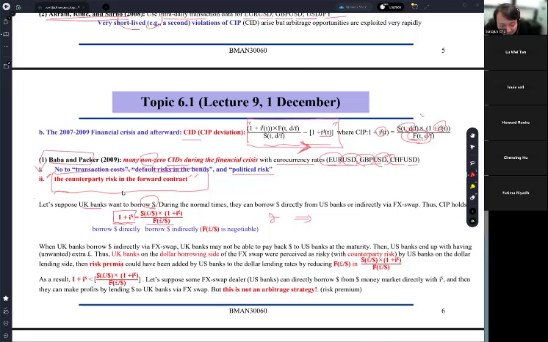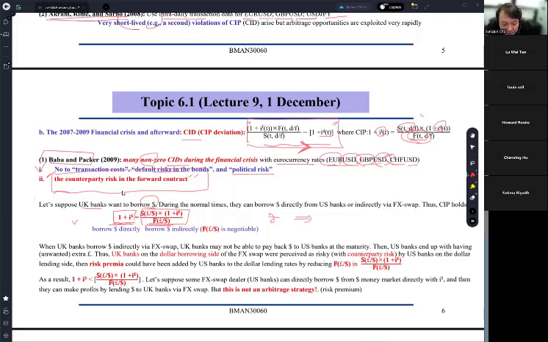So UK banks have two ways of borrowing dollars: directly from US banks, or borrowing pounds and using FX swap to eventually borrow dollars. Then we can interpret this as 1 plus the dollar interest rate for borrowing dollars indirectly using FX swap. Okay. Now, during normal times, we have equality. We don't have to worry about counterparty default risk.